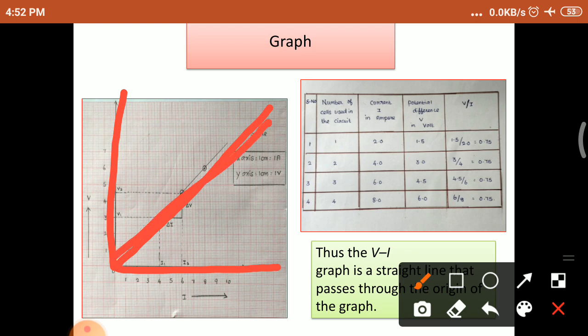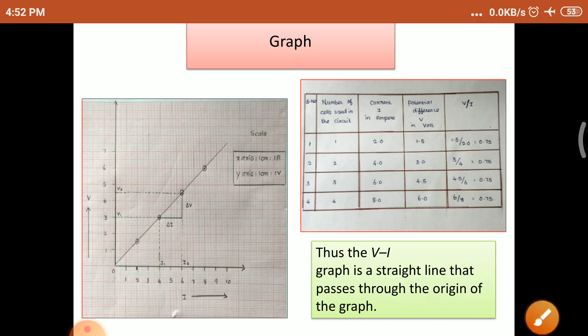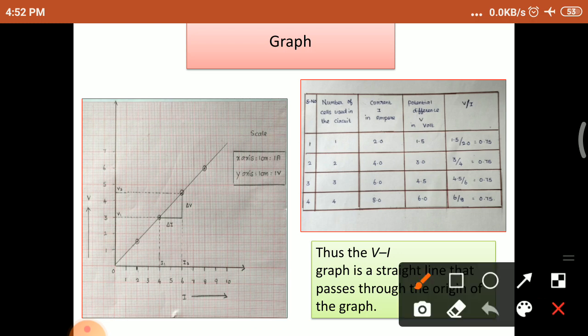That means when the potential difference increases, the current also increases. Thus the V-I graph is a straight line that passes through the origin of the graph.